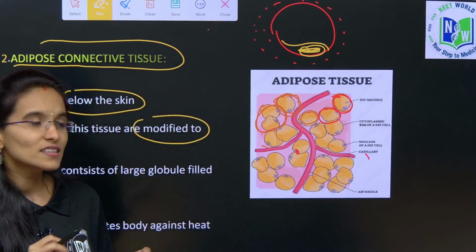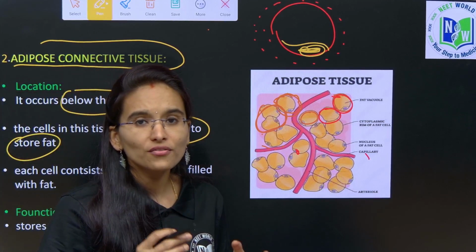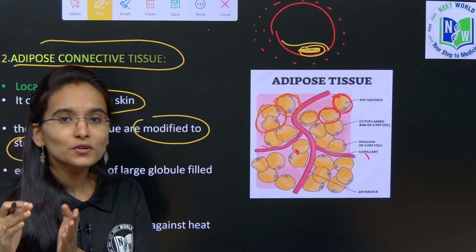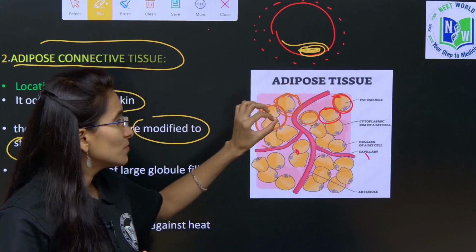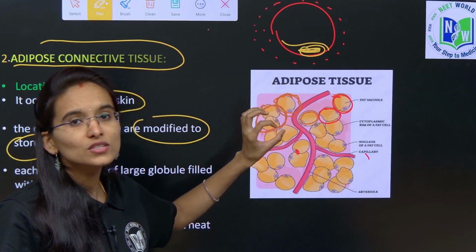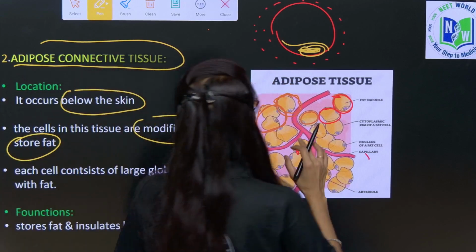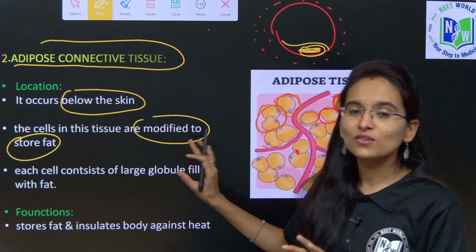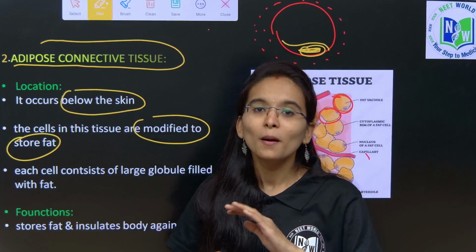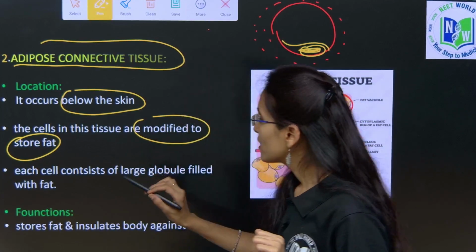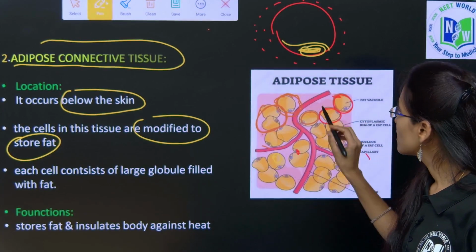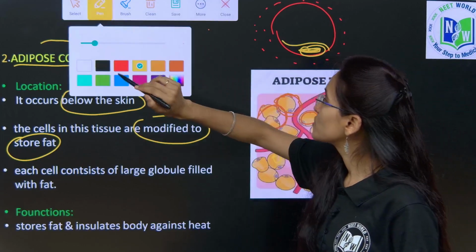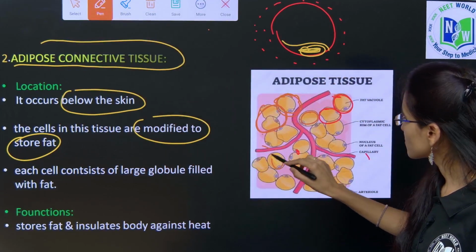Due to the storage of fat, the nucleus is pushed towards the periphery, and these cells are modified to store the fat. This is a special function of the adipose tissue, and we can find this adipose tissue below the skin, children. Yes, and each cell consists of large globules. See, these are all the large globules which are going to store the fat.